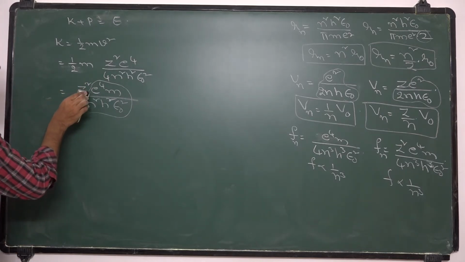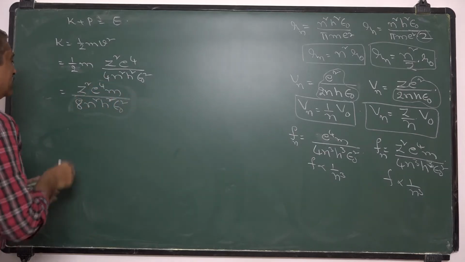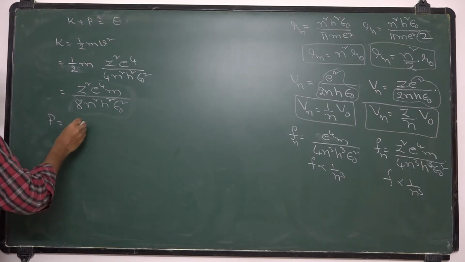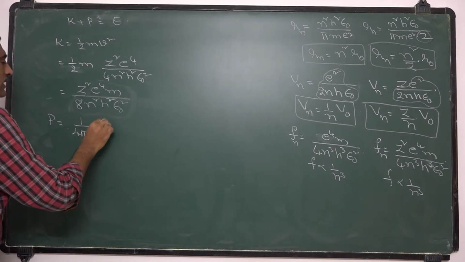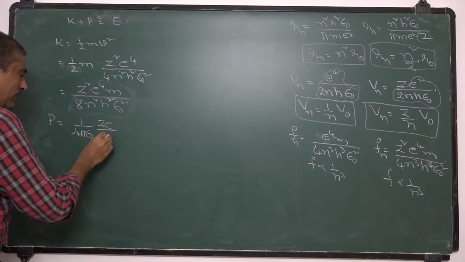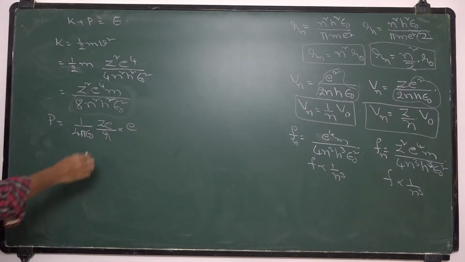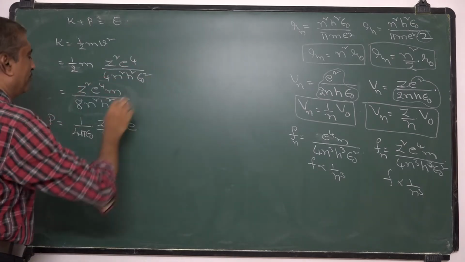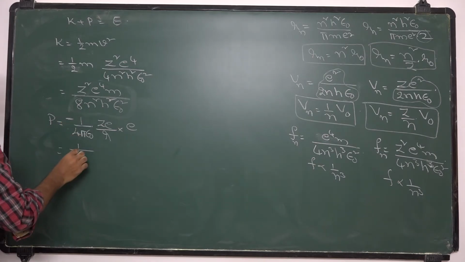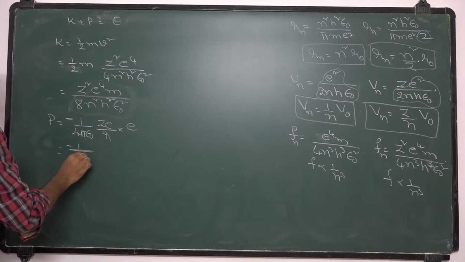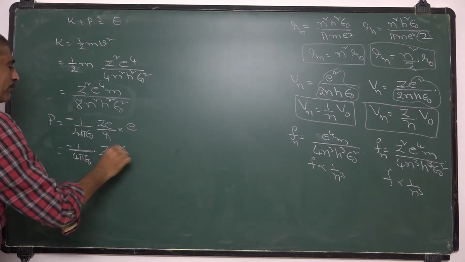Okay, similarly the potential energy. Potential energy is equal to minus 1 by 4 pi epsilon naught Z e square by r.